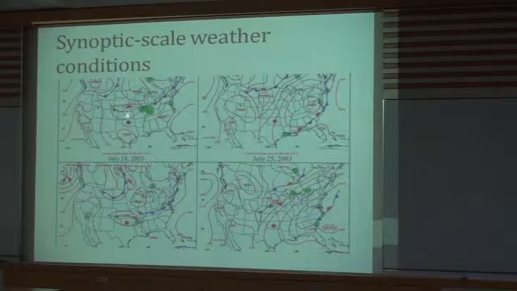The red dot is the Oklahoma City area, and we see that in the strong case, meaning July 18 and July 17, the gradient in the Oklahoma City area is not as high as in the weak case. It indicates that the low-level jet stream in the weak case is going to be stronger compared with the strong case.